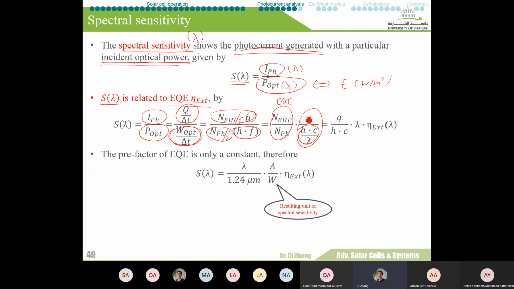The remaining part is constant, except for the wavelengths. So if you want to go from quantum efficiency to spectral sensitivity, the only missing information is the wavelengths. You have to use the wavelengths times q divided by Planck constant times the speed of light.